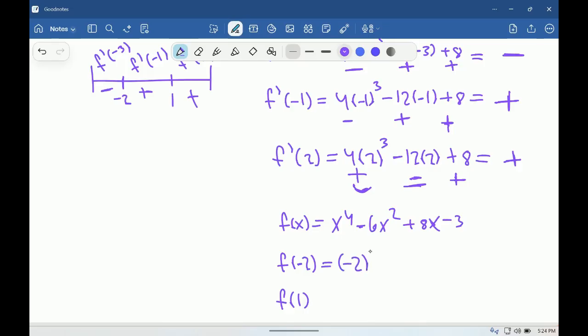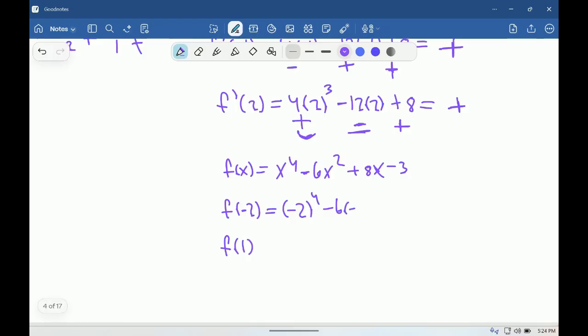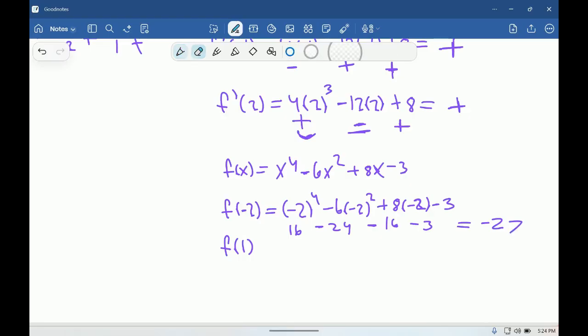We get -2 to the fourth, minus 6 times -2 squared, plus 8 times -2, minus 3. This is going to give us 16 minus 24 minus 16 minus 3. And this is going to give us negative 27.